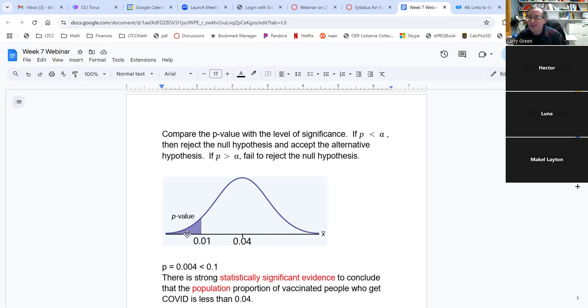Do you remember? We talked about it a couple weeks ago. Use a large sample size. The larger the sample size you use, the smaller the standard error will be. Because remember, there was a divided by the square root of n in there. So that's how you get a small standard error.